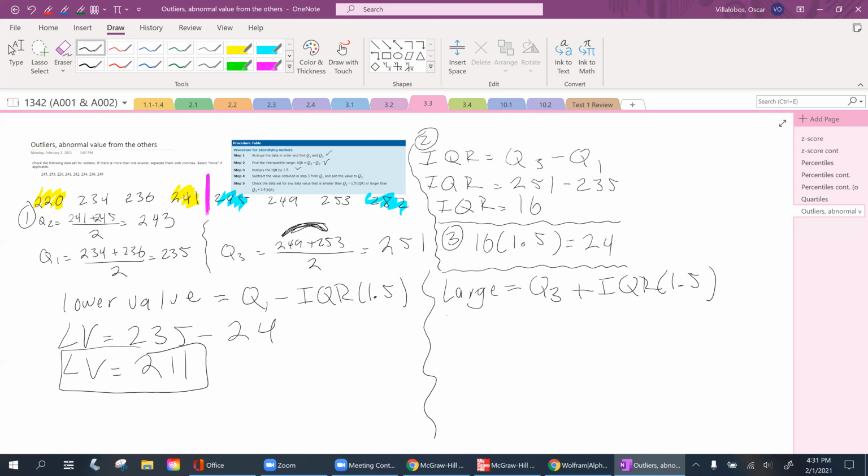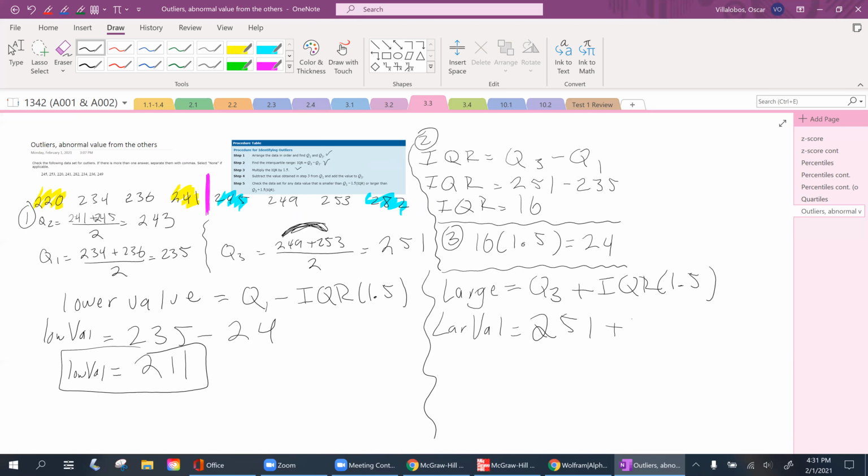Let's find my large value. Should have just done that instead of LV, because lower value and LV. So we'll say low val. Now for my large val, we said it's going to be Q3, which is 251, plus IQR times 1.5.